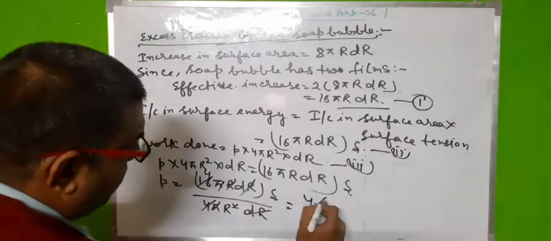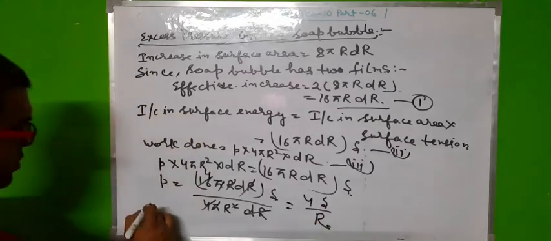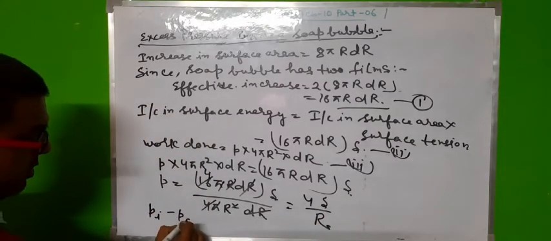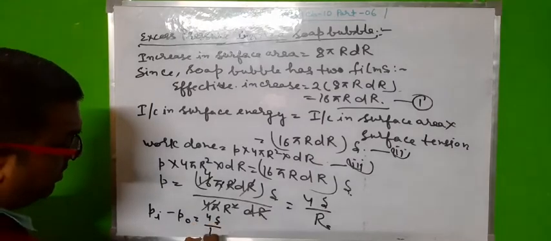It means 4S upon R. So P inside minus P outside is equal to 4S upon R.